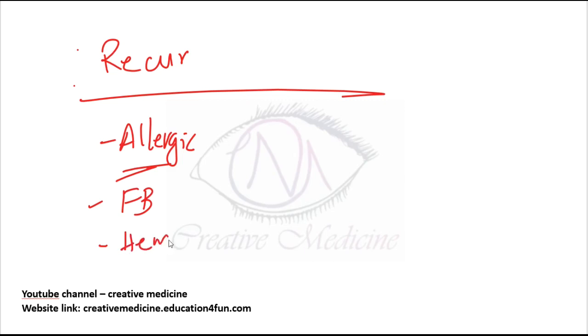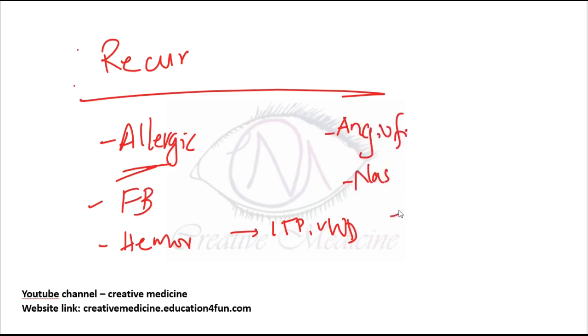If the patient has any hemorrhagic disease like idiopathic thrombocytopenic purpura, von Willebrand disease, in all these cases there will be recurrent epistaxis. If the child has angiofibroma, or nasal mycosis, or if there is use of nasal sprays, especially intranasal steroid sprays, all these will cause recurrent epistaxis in children.